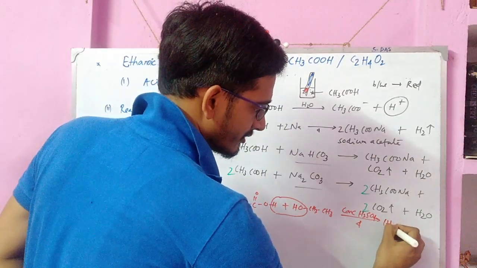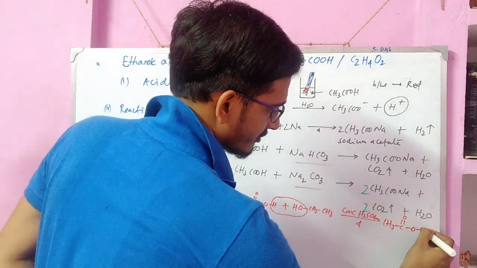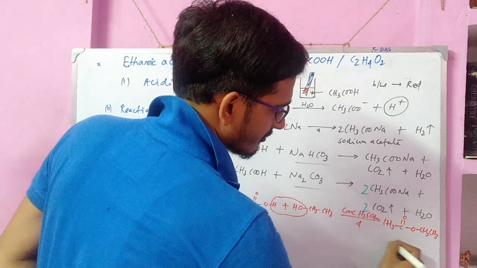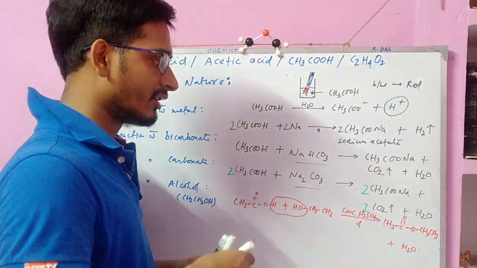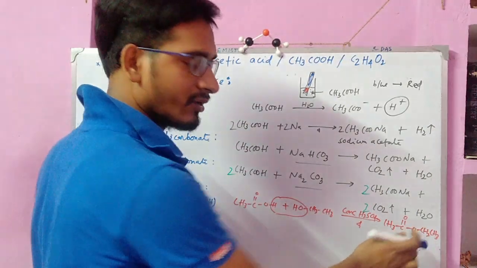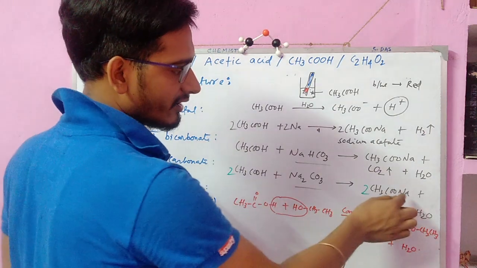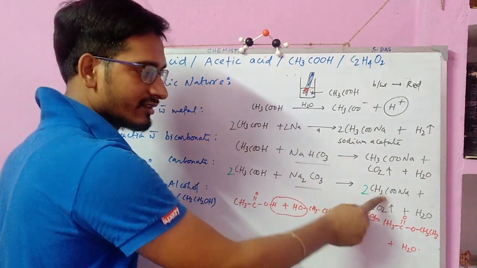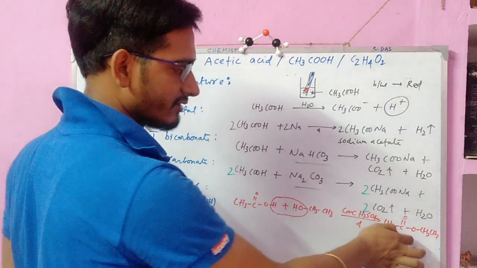The product will be CH3COOCH2CH3 plus water. This is called an ester. This compound is an ester, and this is ethyl acetate. Here it was sodium acetate, but here there is an ethyl group, so ethyl acetate, an ester, is formed.